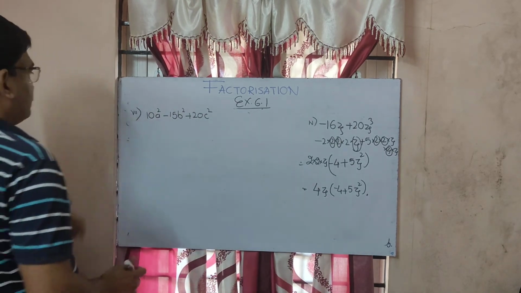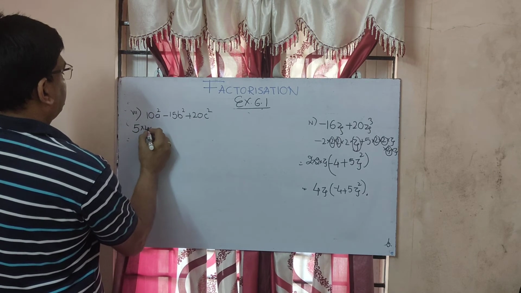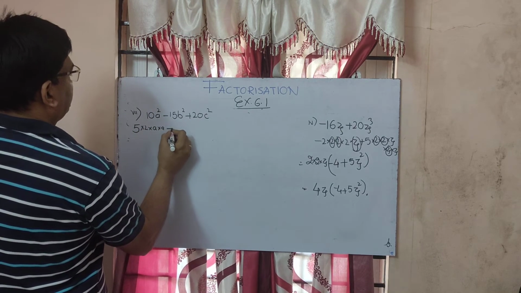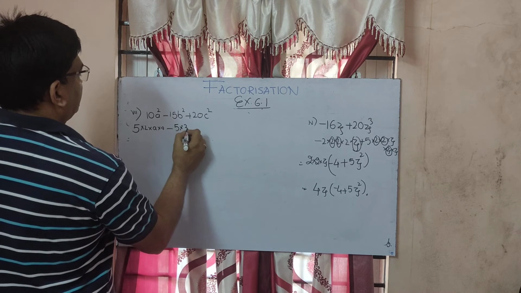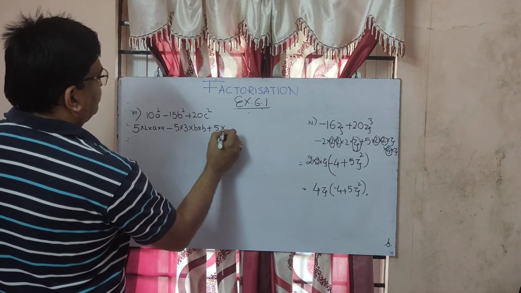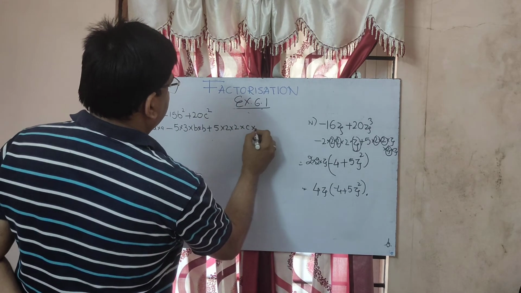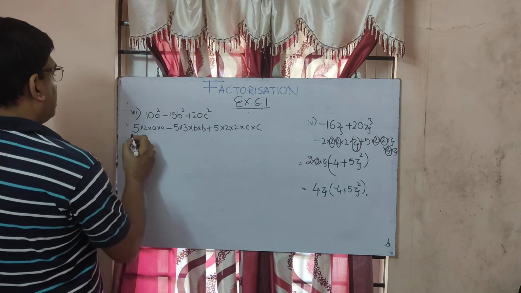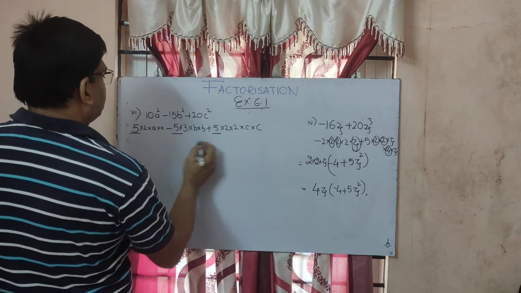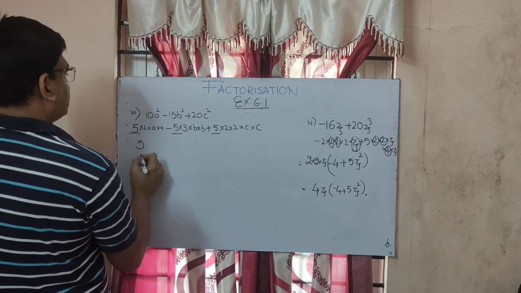So now again you want to find out the factors of this. 5 2s are 10 a into a, plus minus 5 3s are 15 b into b, plus 5 into 2 into 2, 20 into c into c. Now what are the common? 5 is common.